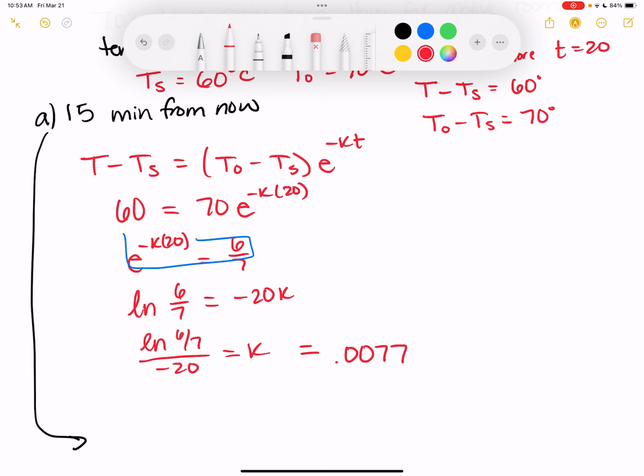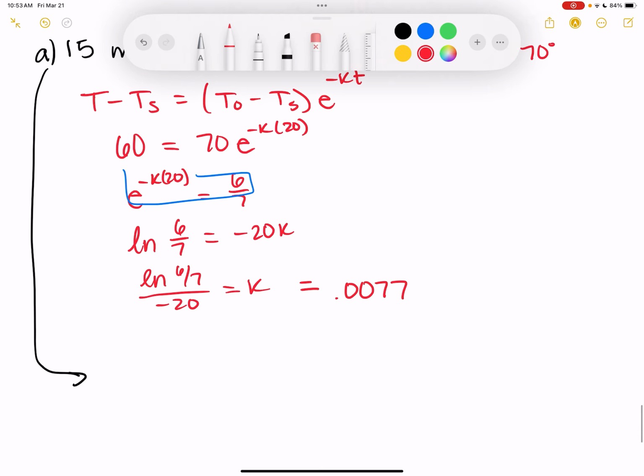So now I'm using that k, and I'm going to be plugging this into this formula to solve for 15 minutes from now. So I'm going to be solving for the T minus T sub S in this case. So let me actually come down here now.